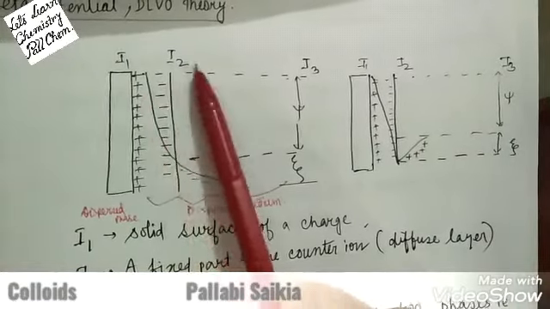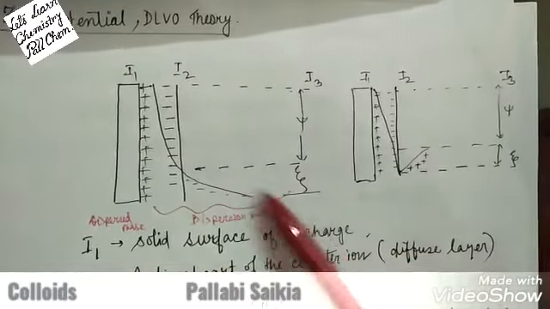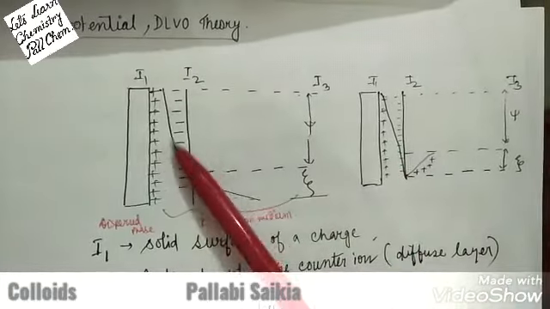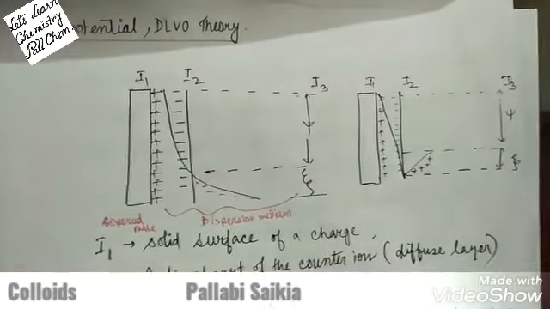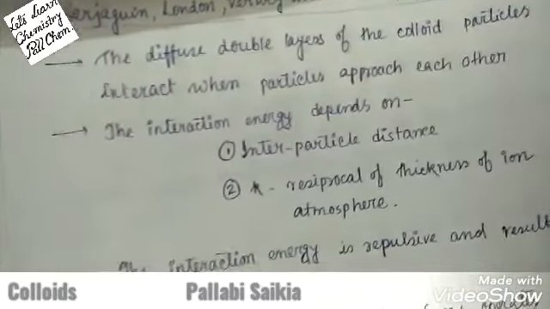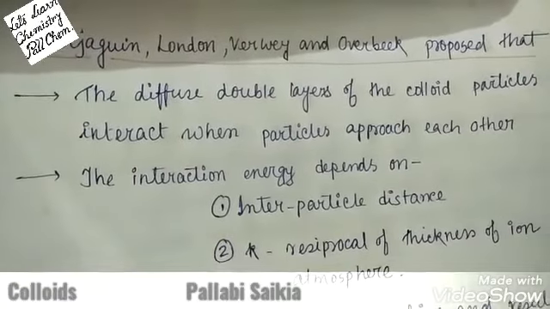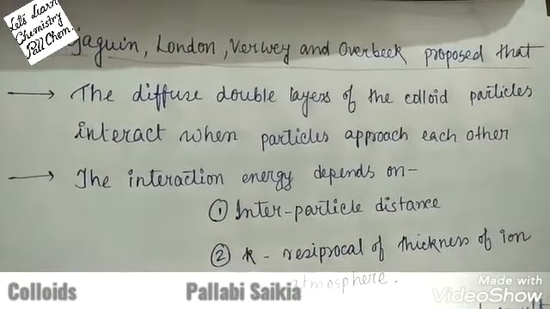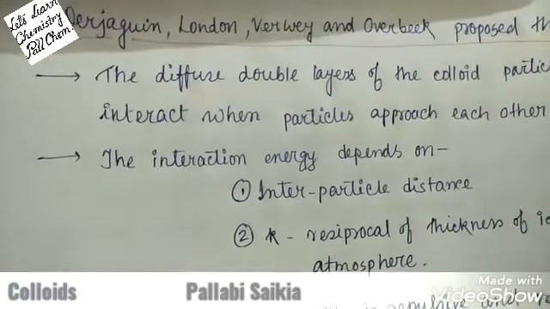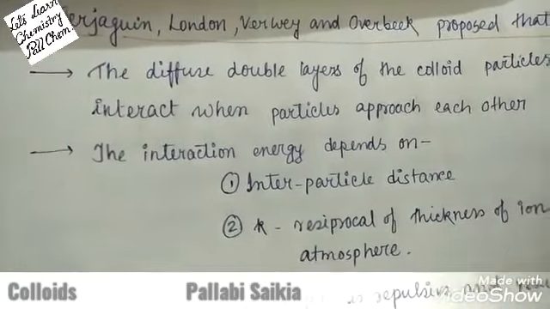The potential drop of this double layer, it may drop or it may again rise, can be explained by the DLVO theory. DLVO means Derjaguin, Landau, Verwey and Overbeek theory. This potential drop is because of the attractive and repulsive forces between the ions.